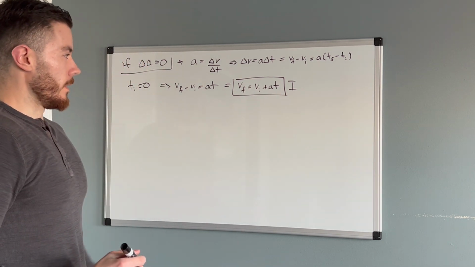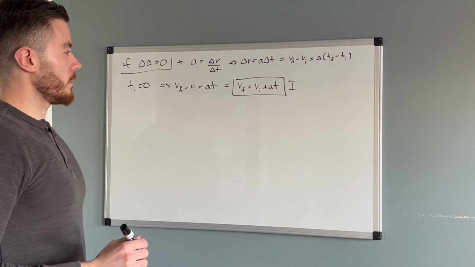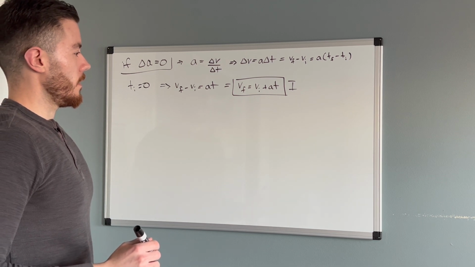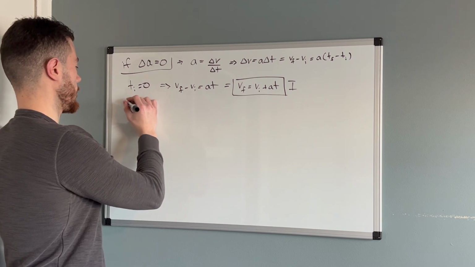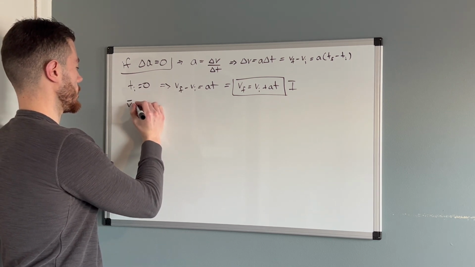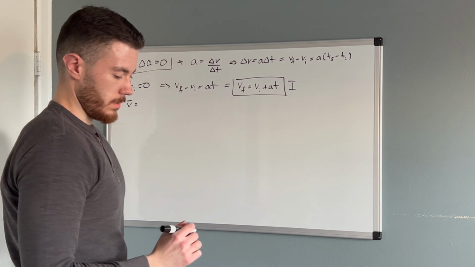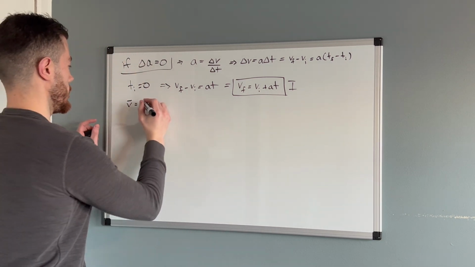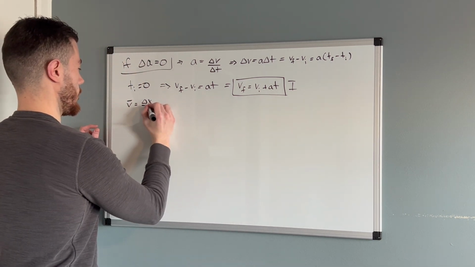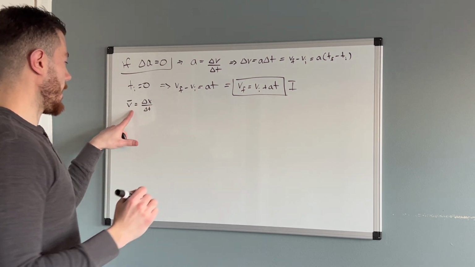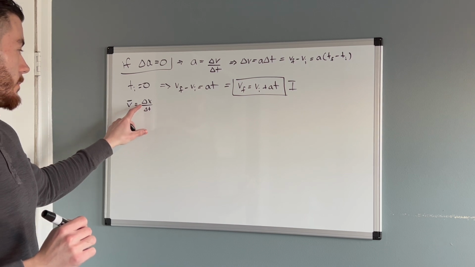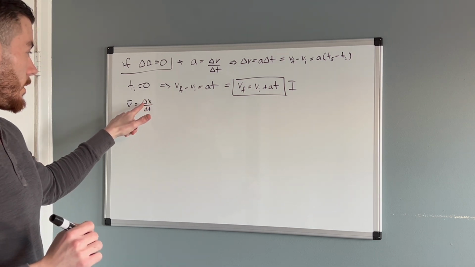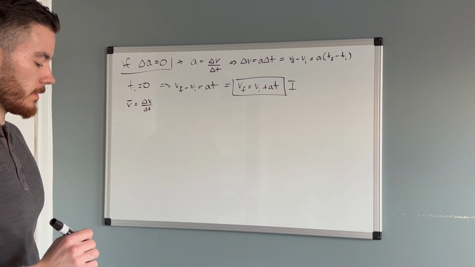For the second one, we further need to define. So again, the average velocity is equal to delta x over delta t. That's the average velocity that it takes in time to travel from this one location in space to the other location in space.